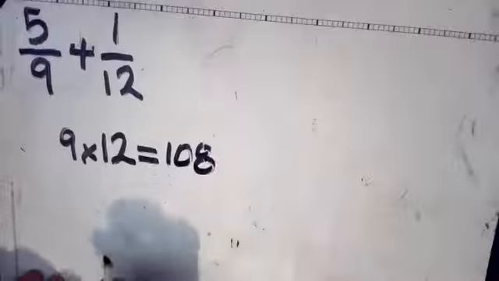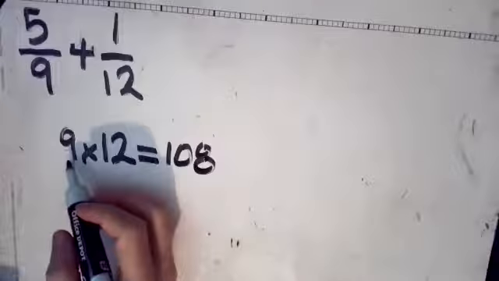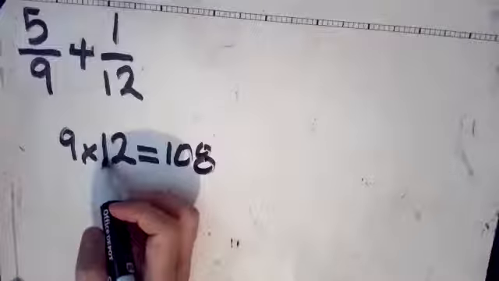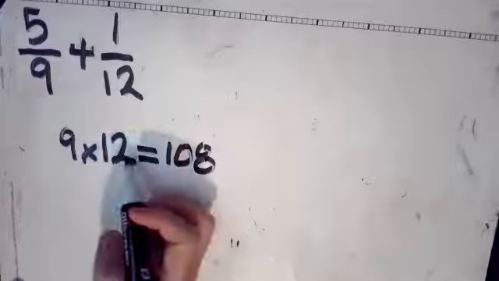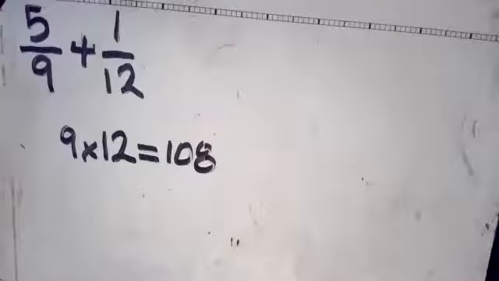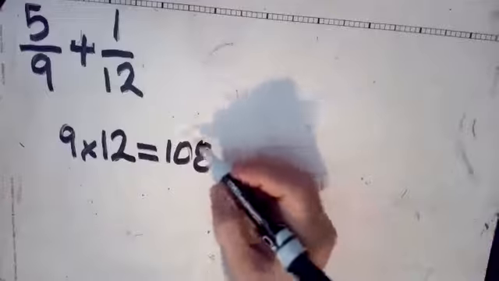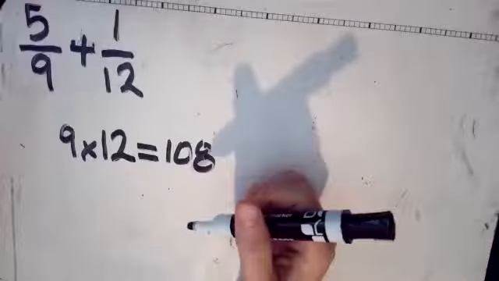If you couldn't do it immediately, you could stack them up, or you could say, oh, I know 9 times 10 is 90, 9 times 2 is 18, 90 plus 18 is 108. So we could go for 108ths.